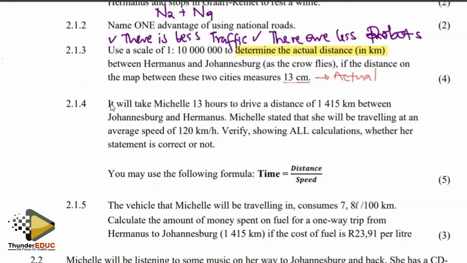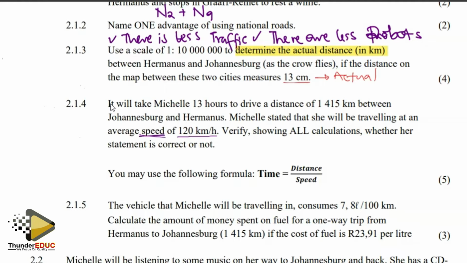Michelle stated that she will be traveling at an average speed of 120 kilometers per hour. Verify, showing all calculations, whether her statement is correct. What are we verifying? We are verifying speed. So we need to find out at how much speed she will be traveling.